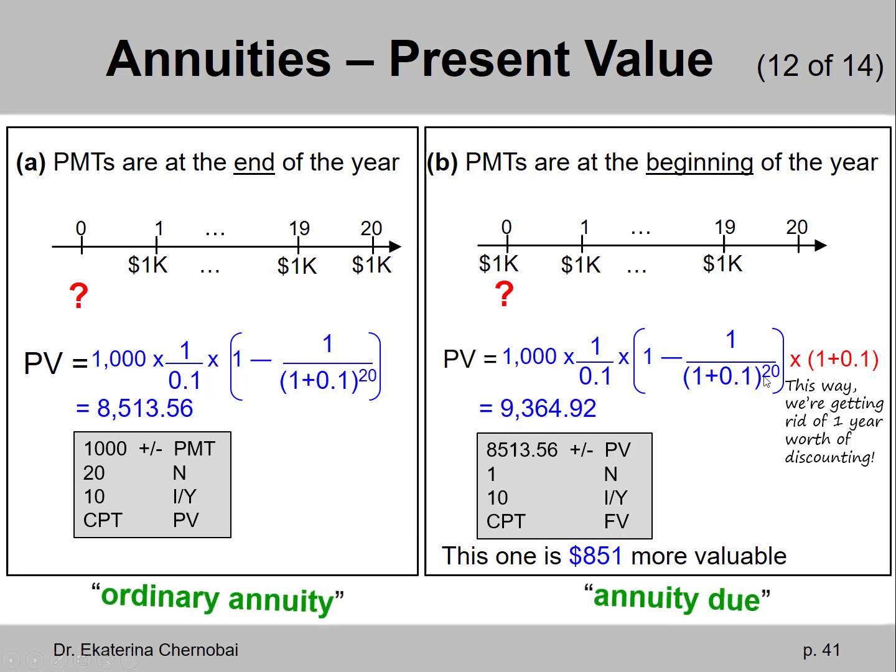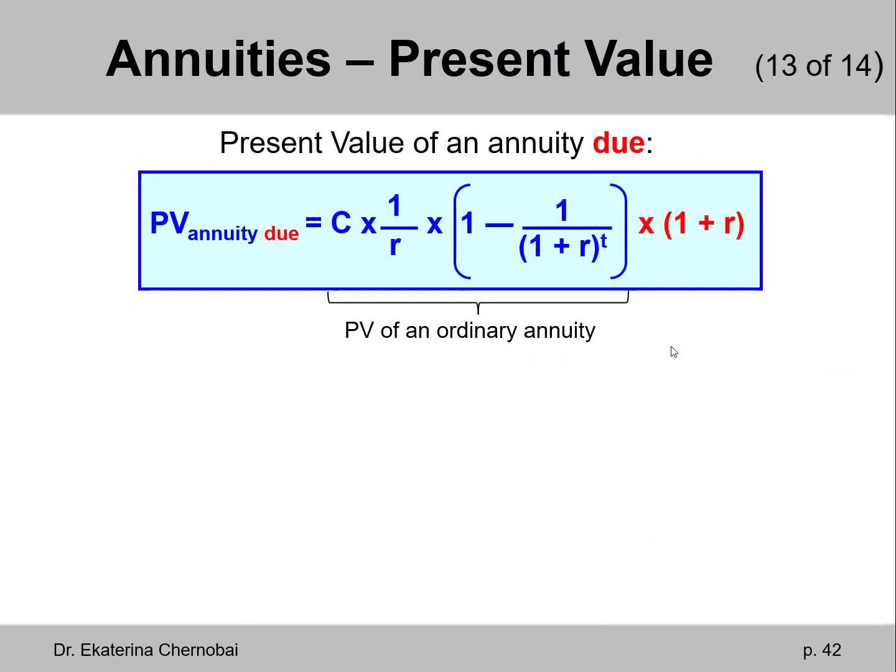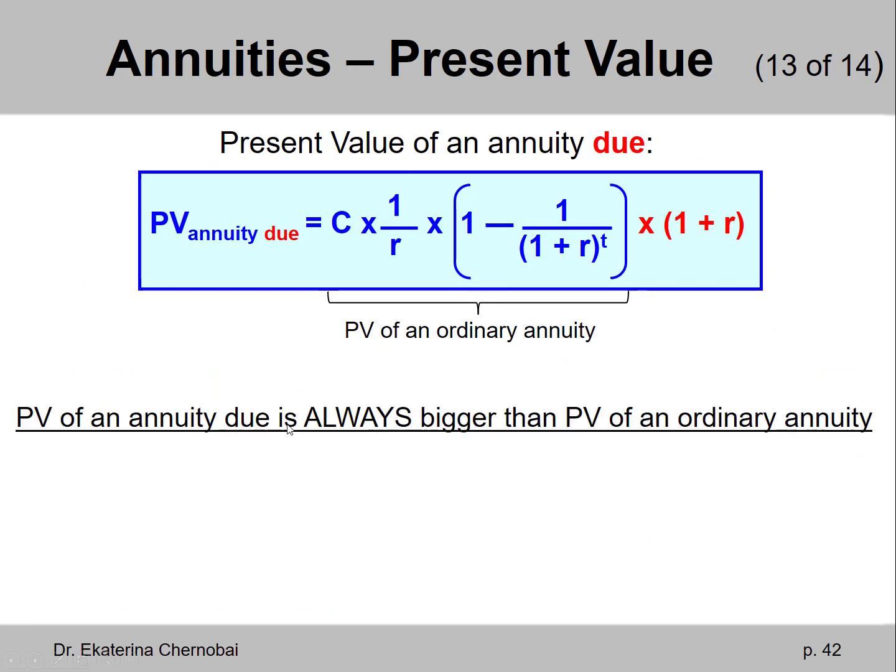And the transition from an ordinary annuity present value to an annuity due present value is done by this multiplication by 1 plus the interest rate. And so the present value of an annuity due is always bigger than the present value of an ordinary annuity.